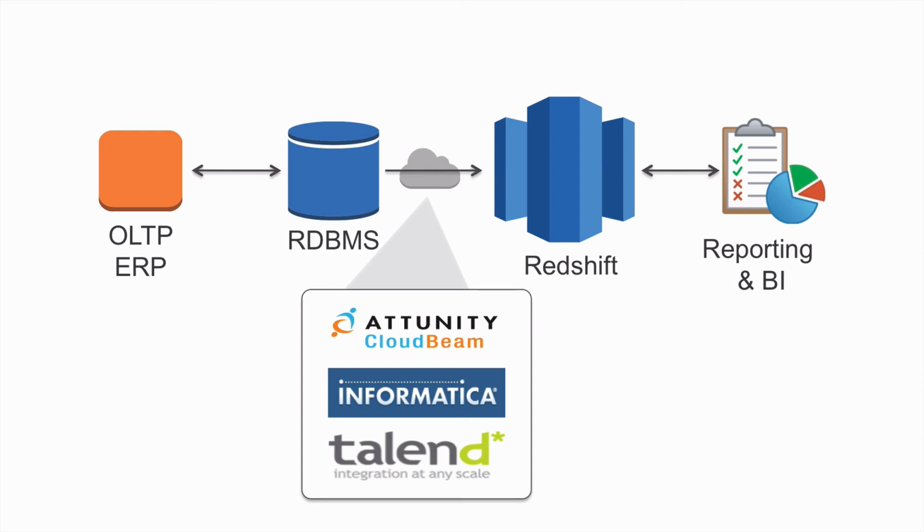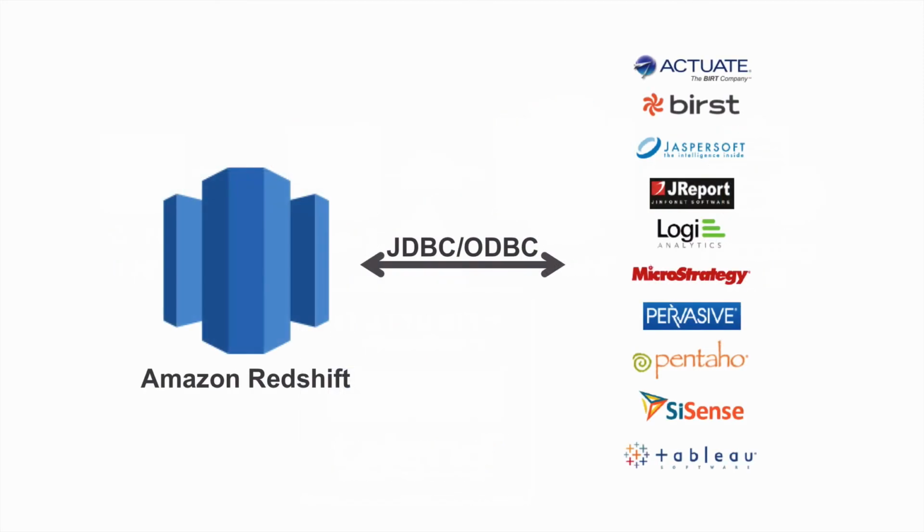You can also use data transfer optimization tools like Unity Cloudbeam, which combines ETL tools together with high-speed data transfer, optimizing use of the network for you. So those are some tools that you can consider for managing the data pipeline and integrating data from your RDBMS into your data warehouse.